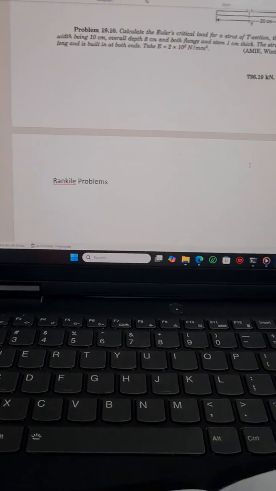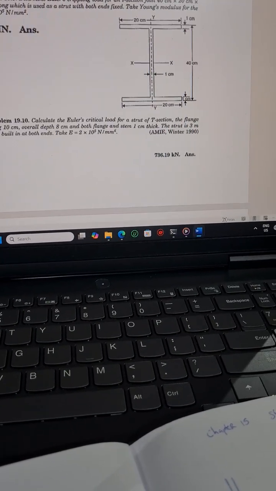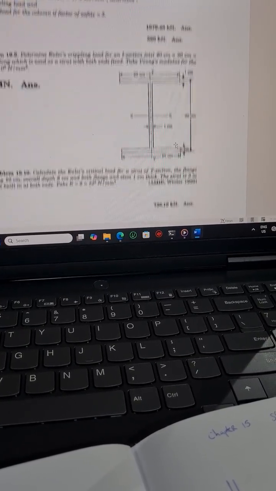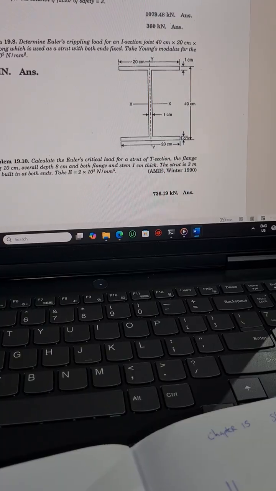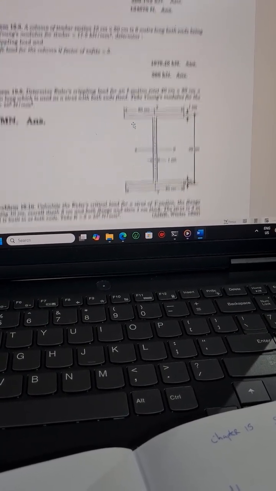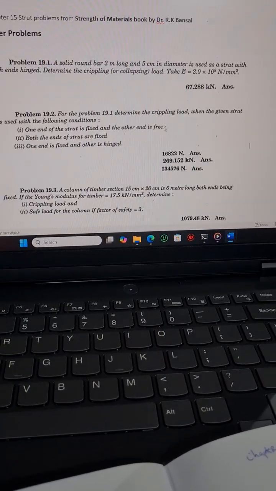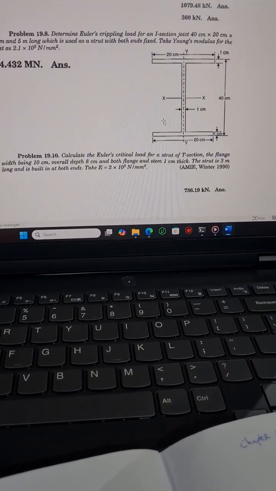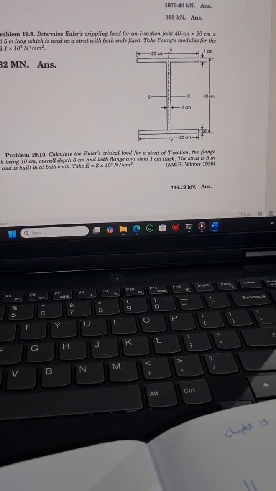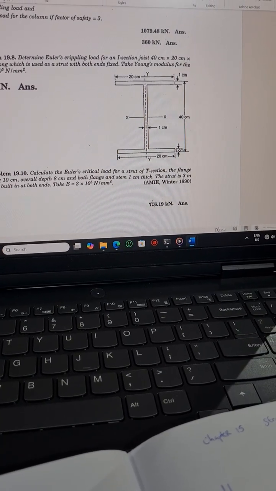Let's do Rankine now. Just do these problems and see if you get the answers. I think there's one answer that you're not going to get. I don't know which of these problems, but do it and tell me in the comments. Just try to do it, figure it out. Use the table method to find I_XX and I_YY, always.